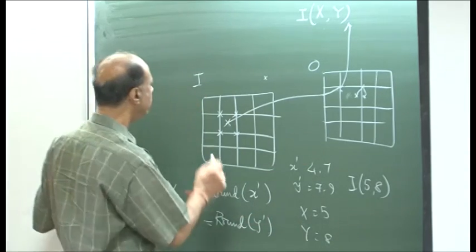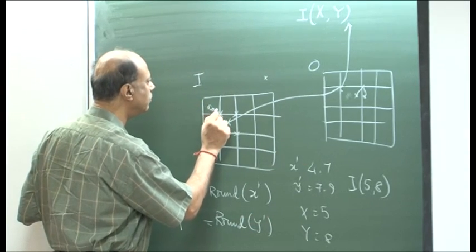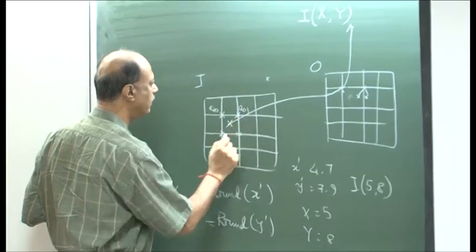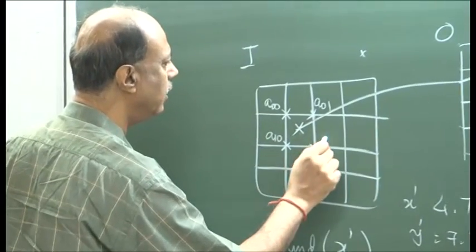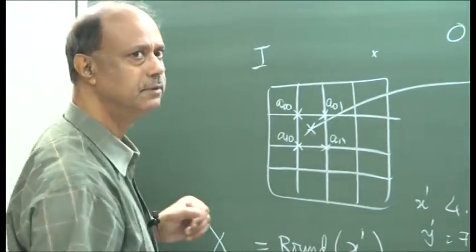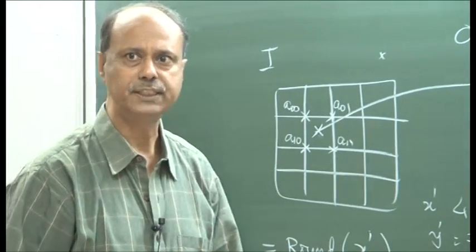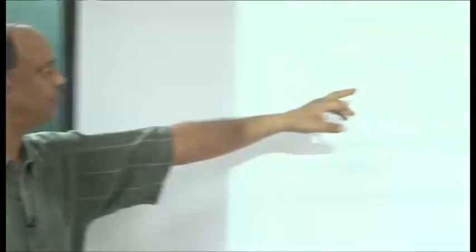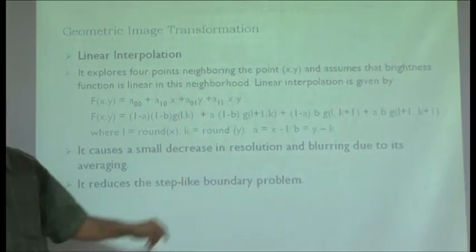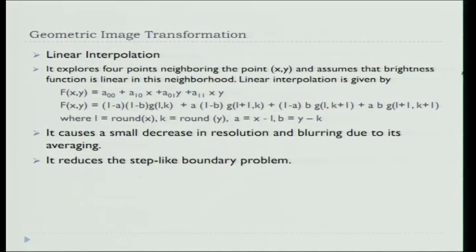So let us assume this is A00, this is A01, this is A10, and this is A11. These are the 4 coefficients. I am writing A00 plus A10x plus A01y plus A11xy.